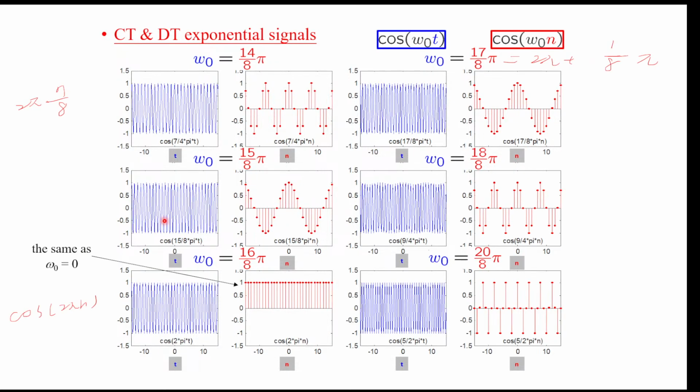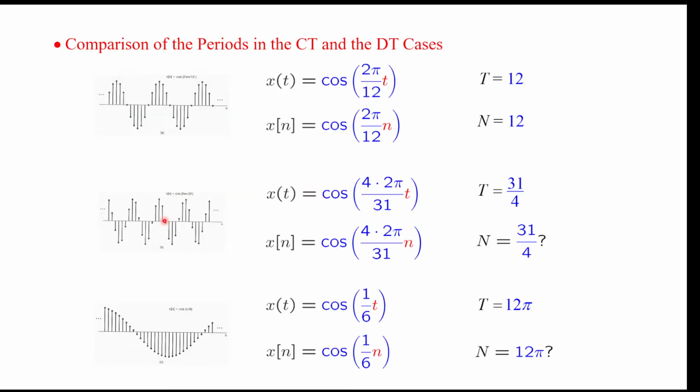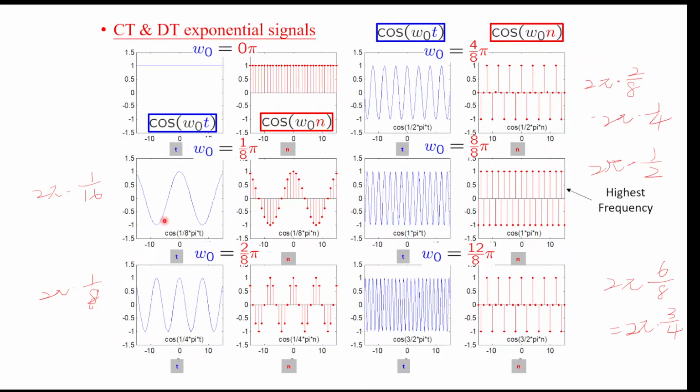Okay, and so that's an example that lets you see the difference between continuous time and discrete time exponential functions. Because of these discrete sample points, the discrete time complex exponential actually cannot take too high a frequency.